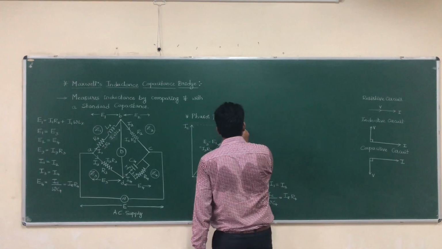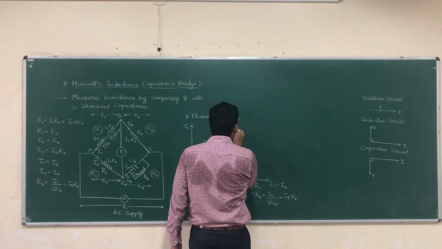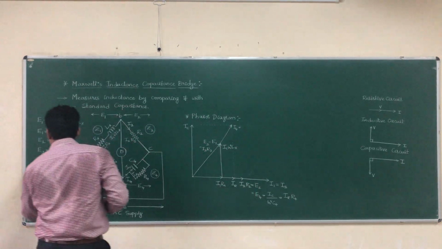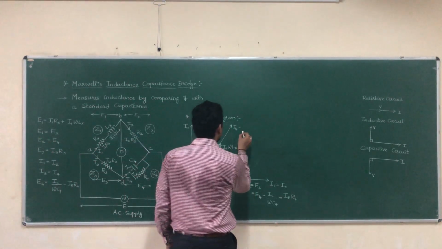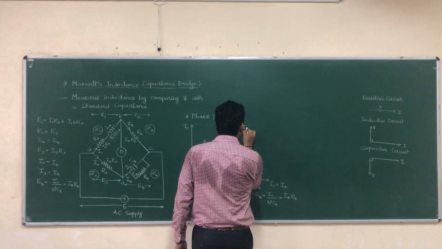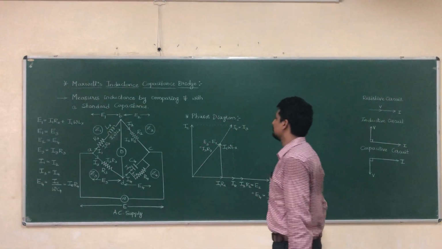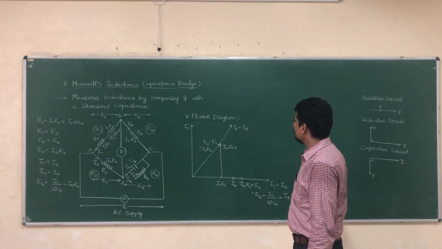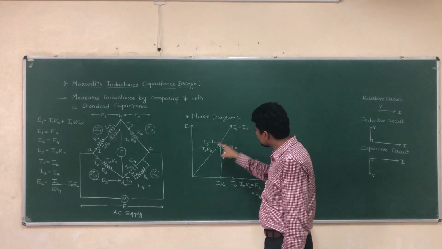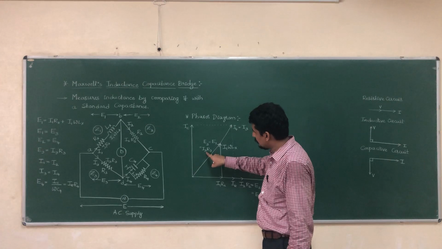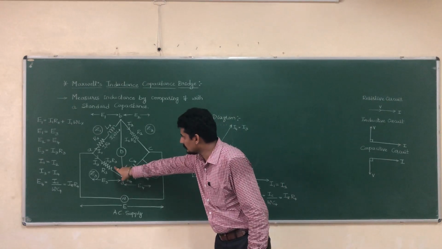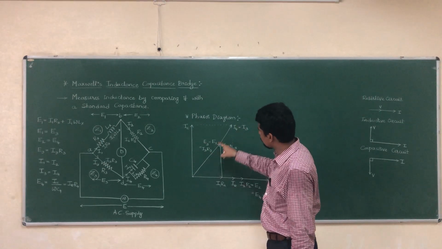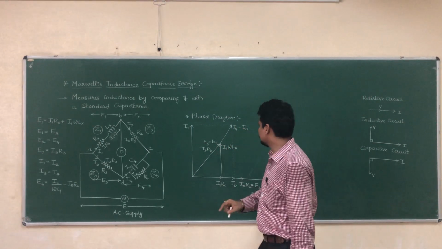This is my I4, and this I4 is also equal to I3. This is the resultant. Why am I writing I3 here? Because the voltage drop across E3, I3 R3, is here, so the current should be in phase with this.